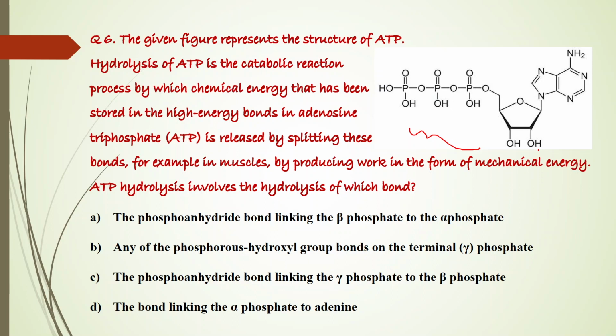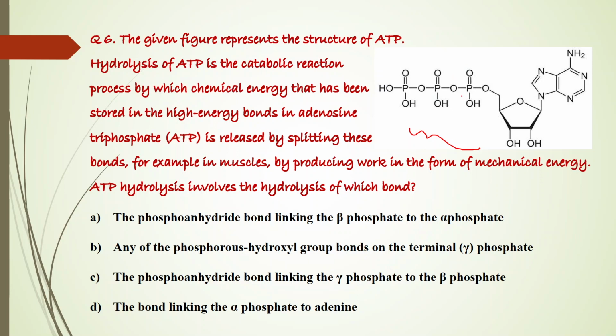The first one is the phosphoanhydride bond linking the beta phosphate to the alpha phosphate. Next one is any of the phosphorus hydroxyl group bonds on the terminal gamma phosphate. Third is the phosphoanhydride bond linking the gamma phosphate with the beta phosphate, and D is the bond linking the alpha phosphate to the adenine.